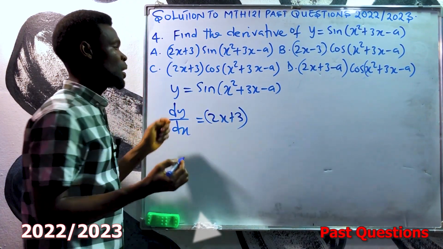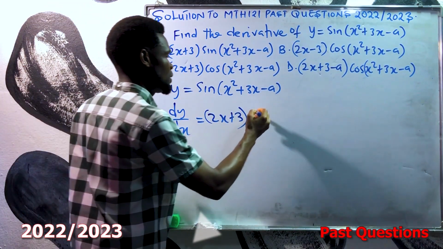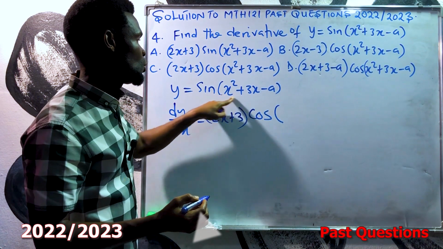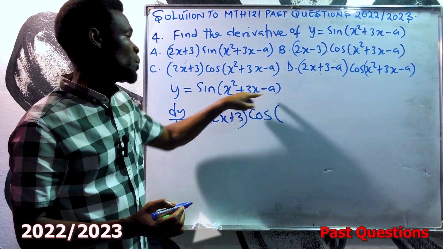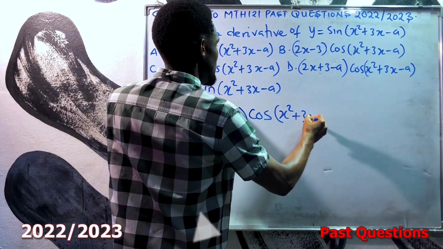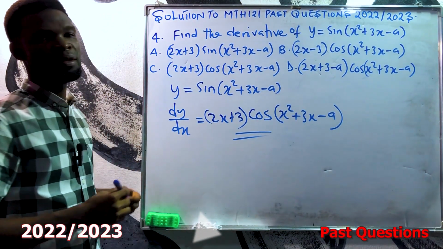Now differentiate the trig. What's the derivative of sine? It is cos. Then you repeat the polynomial function, x squared plus 3x minus a. That is exactly how you get this done.